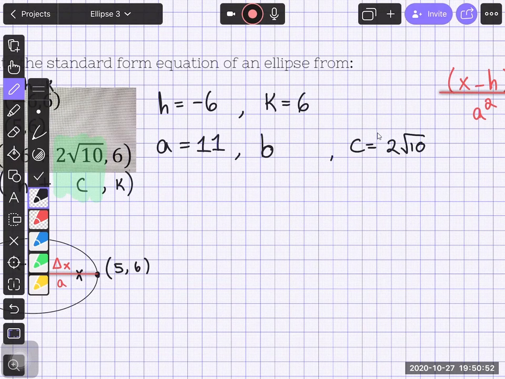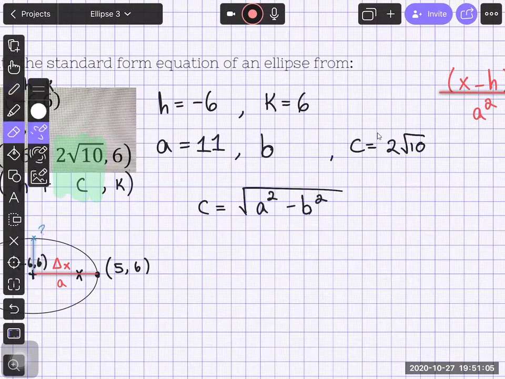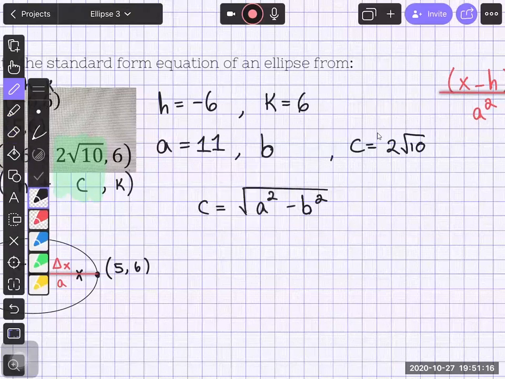So as we're dealing with a horizontal ellipse, we know that C will be calculated as the square root of A squared minus B squared. So from here, we can calculate B as we already have A and C. So let's isolate B. C squared will be A squared minus B squared.